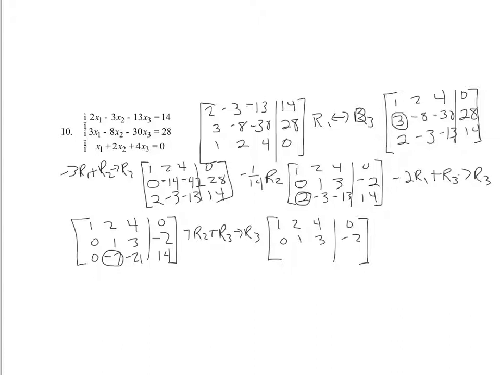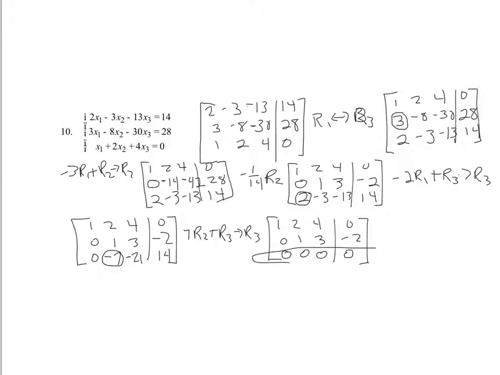Now if I multiply that row 2 times 7 and add it to the bottom, 0 plus 0 is 0. 7 plus negative 7 is 0. And 7 times 3 is 21. If I add that to negative 21, 21 plus negative 21 is 0. And then if I multiply 7 times negative 2, I get negative 14. And negative 14 plus 14 gives me 0.